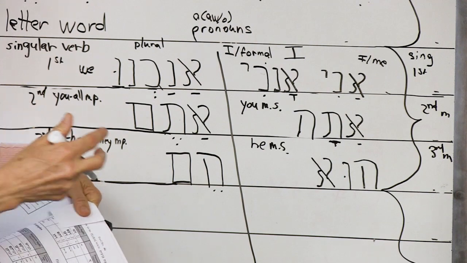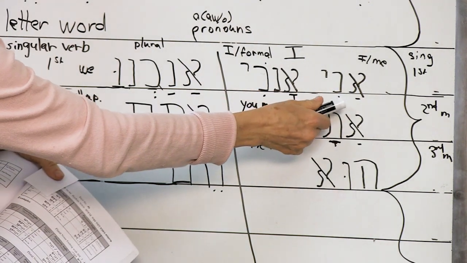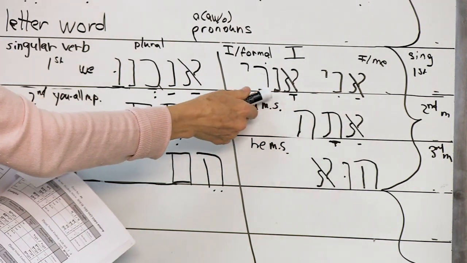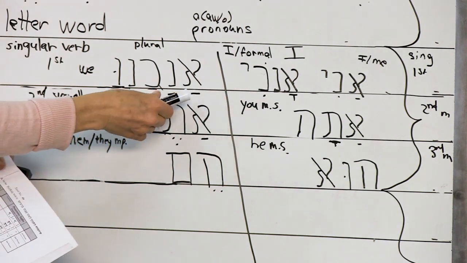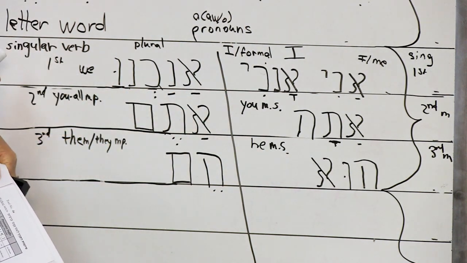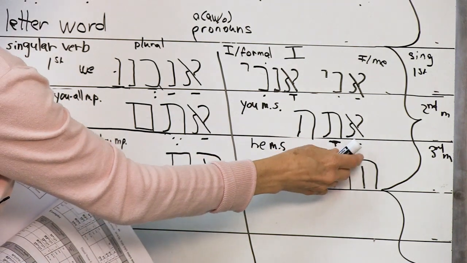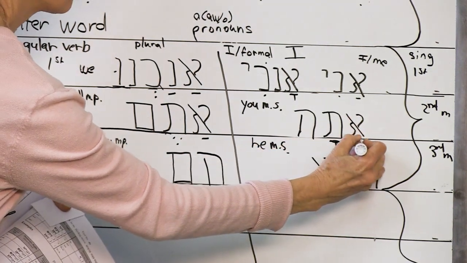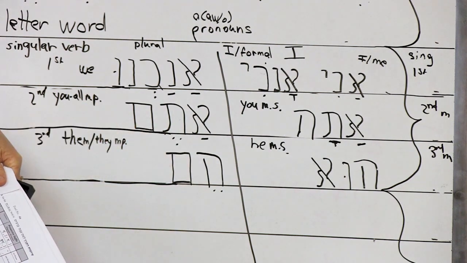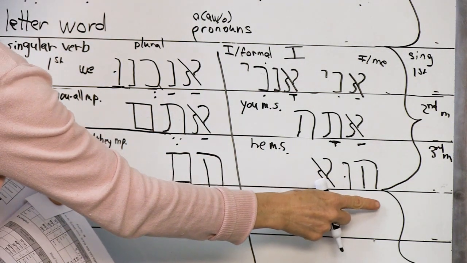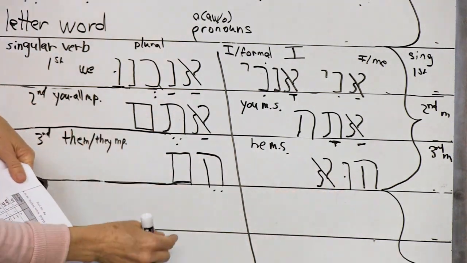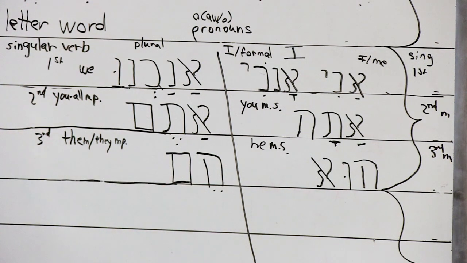Hebrew simplifies. Ani, me, anochi, anachnu. Ata, atem, hu, hem.